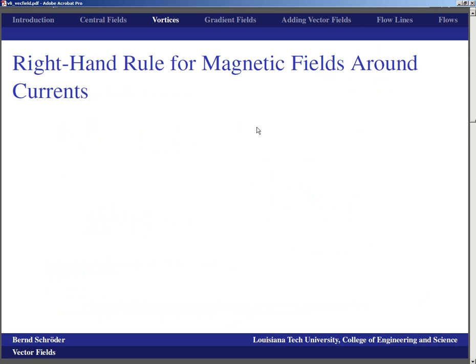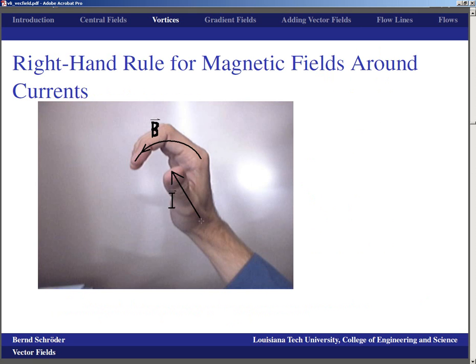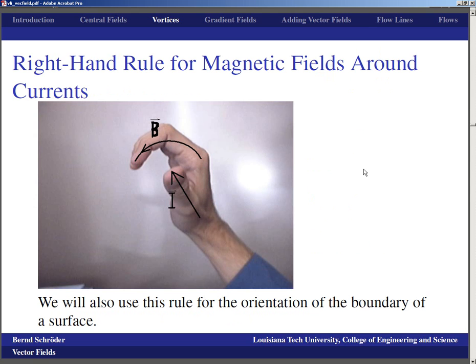And the right-hand rule for magnetic fields around current basically is that if the current is in the direction of your thumb, then the natural curvature of your right hand describes the direction of this circular magnetic field that goes around that current. And so this right-hand rule will also be used for the orientation of the boundary of a surface, which is something that we at the latest will have to worry about when we talk about Stokes' theorem.